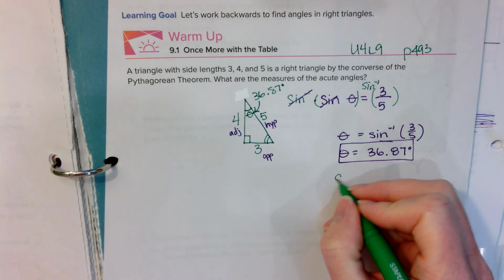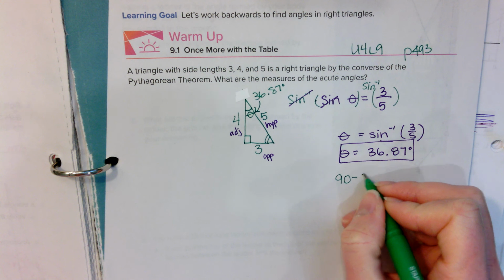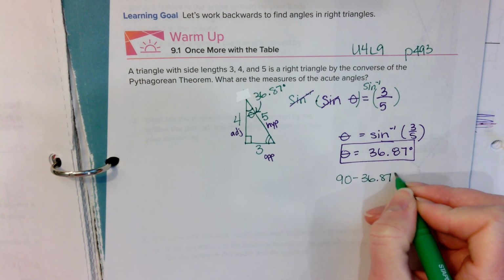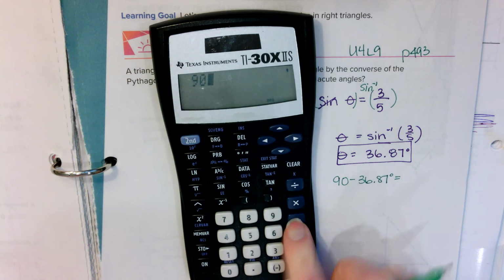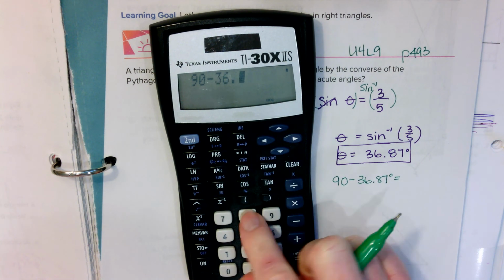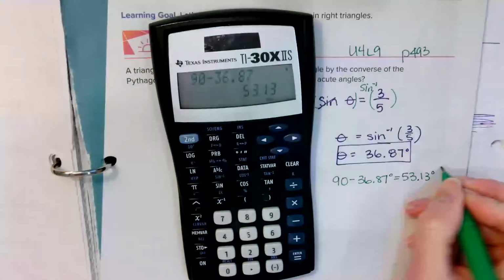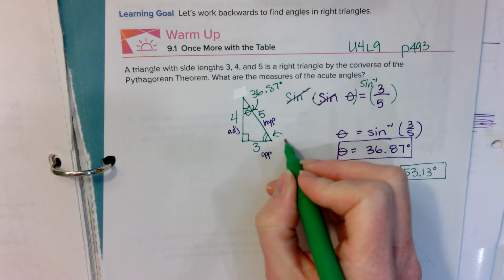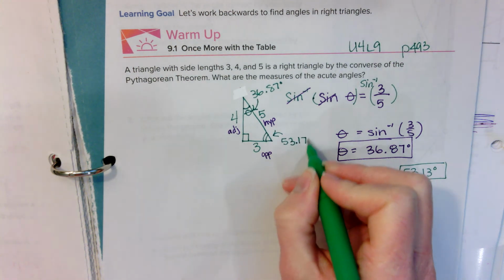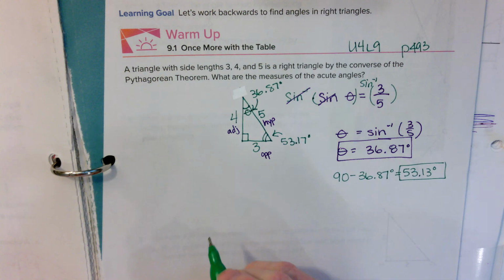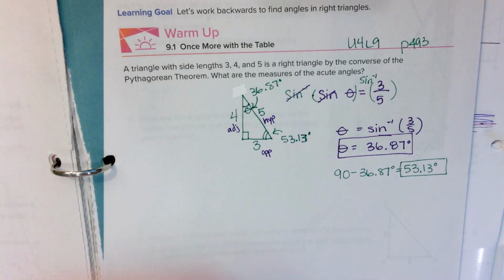So I'm simply going to do 90 minus theta, which is 36.87 degrees, and 90 minus 36.87 gives me 53.13 degrees for the other angle. So this angle then is my 53.13 degrees. Awesome. So let's take a look at another problem.